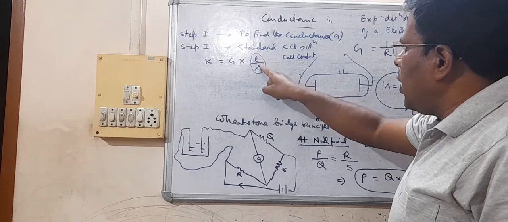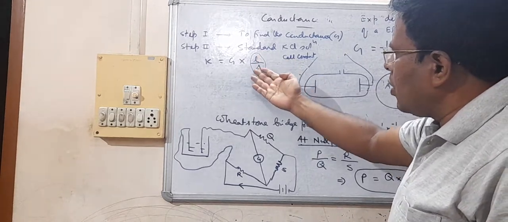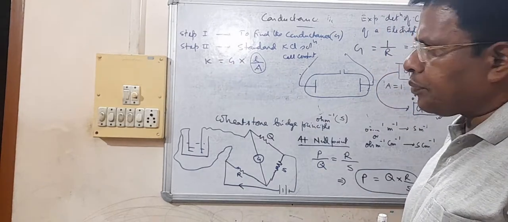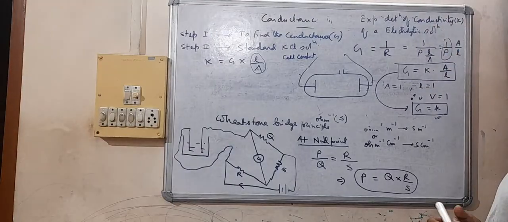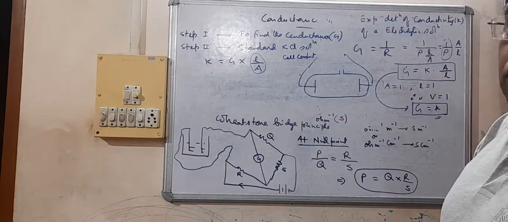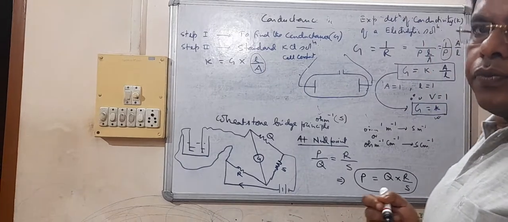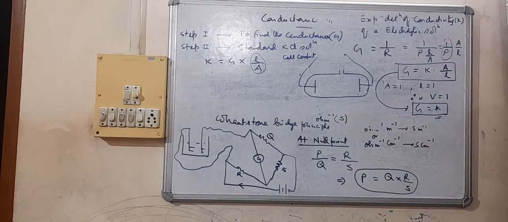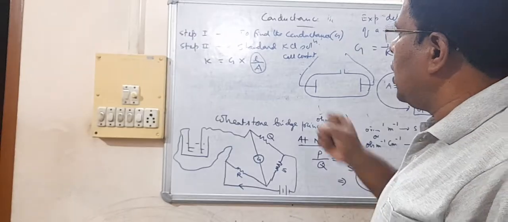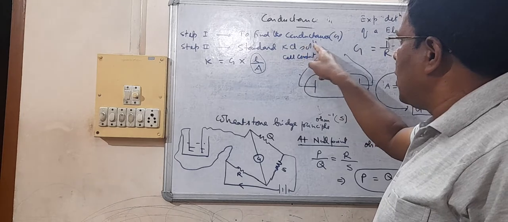So L by A we cannot measure, and if we cannot measure L by A, then we will not get conductivity. But we can measure L by A indirectly, and for that purpose only we are taking here in step 2 standard KCl solution.